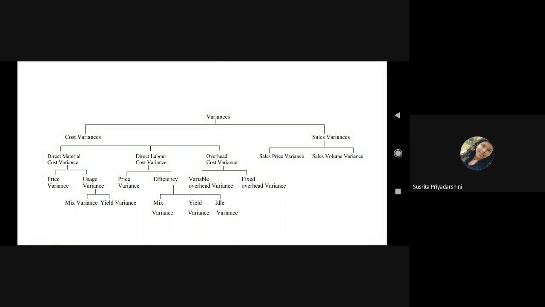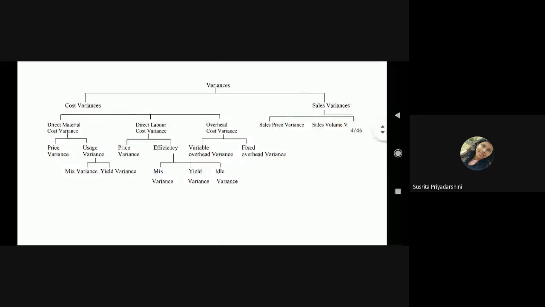If you do not make the verification, there might be a chance that 1 or 2 marks get deducted at the time of evaluation of the answer scripts. So first you have to go for the verification part, and it is very much required. What are the various formulas to find all this? We are going to discuss this. Coming to the first one, direct material cost variance.